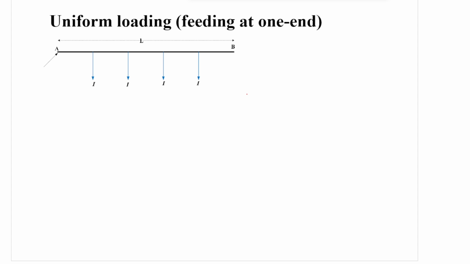So this is a feeder, it is a scheme, it is feeding at one end. Let us say this voltage is V. Now along the length of this feeder, if the total length is L, along the entire length of the line, everywhere the same current is tapping, that is I. That is why it is called uniform loading.